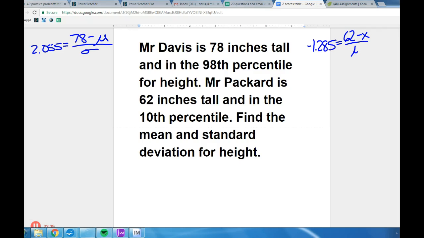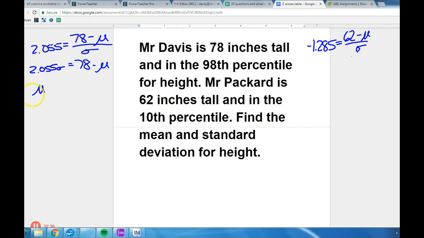Actually, I was wrong already. I grabbed the wrong z-score for your height. Agree with these two equations? Yeah. And so the problem is now it's like advanced algebra. The stats part is over. I got two equations and two unknowns. So what I would do is solve them both for mu.